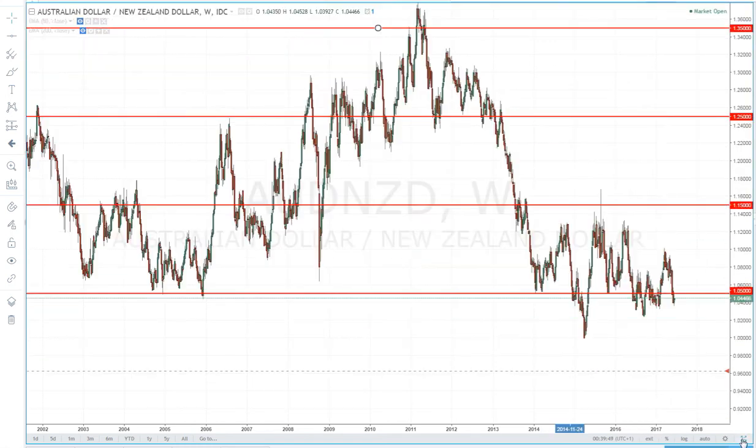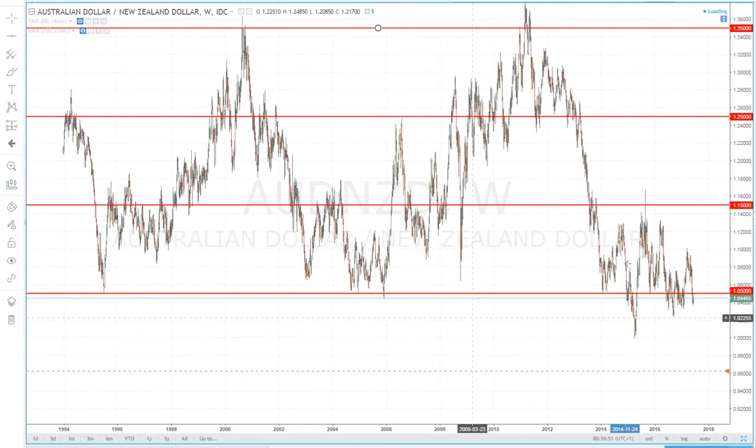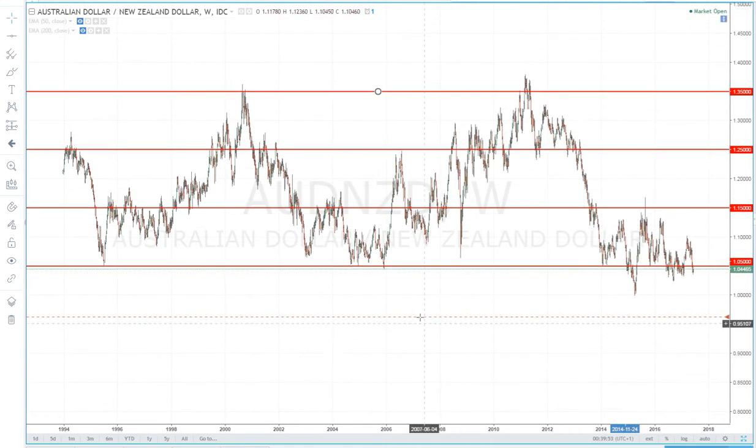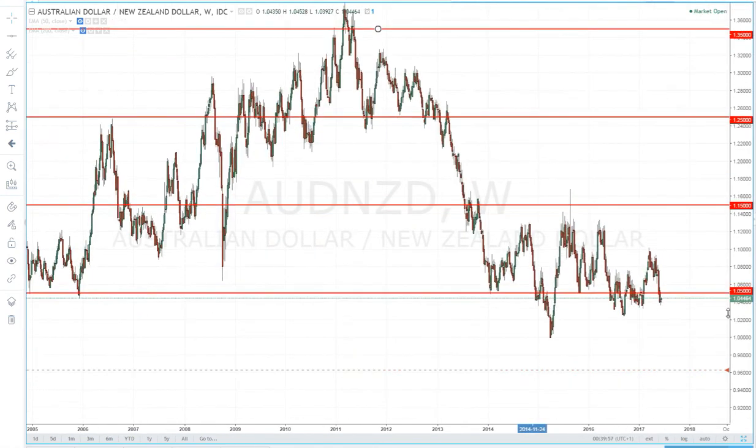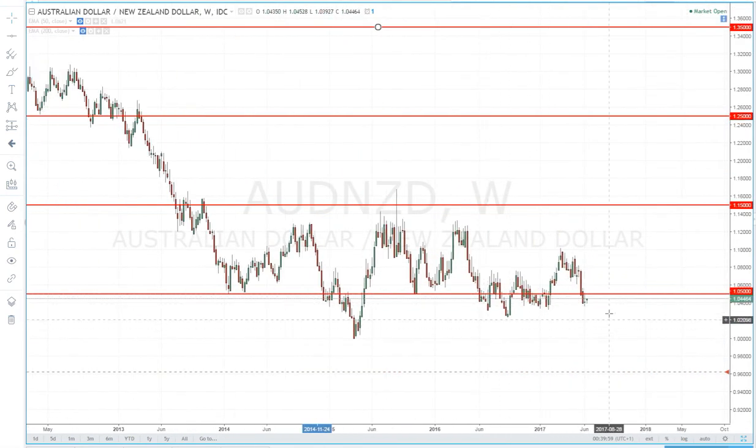So what we'll do now is zoom into this and see what we got here. Ideally now I can see a little zone at 1.6, and you've got a little zone at 1.4 as well for these recent lows.